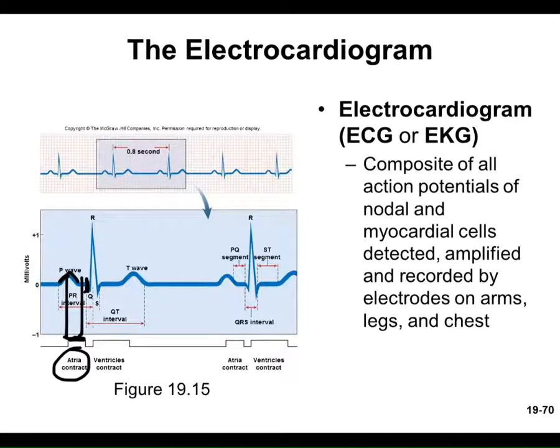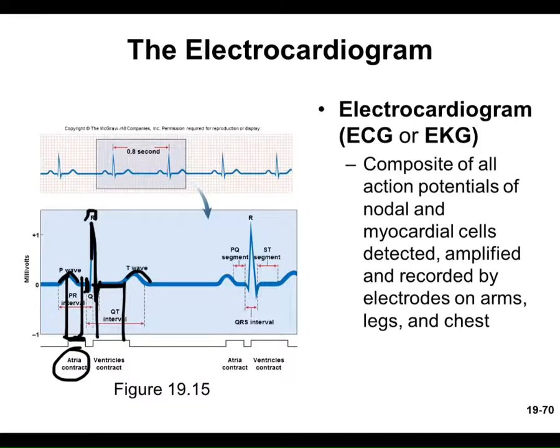And then the QRS complex represents a much more substantial electrical disturbance because this is where the ventricles begin to contract, and they actually contract not just during this little period of time, but they're contracting during this period of time, right? So they're contracting during this box. Sustained contraction. And then the T wave represents the repolarization, the relaxation of the ventricles.